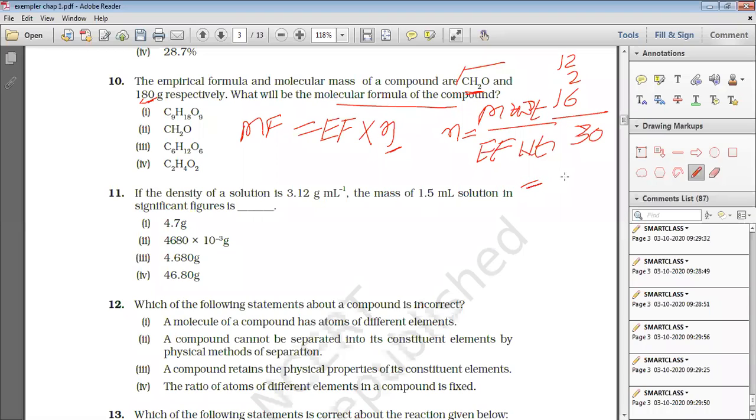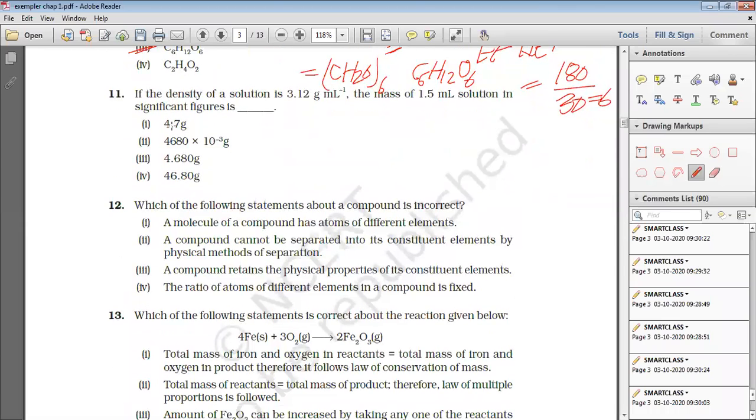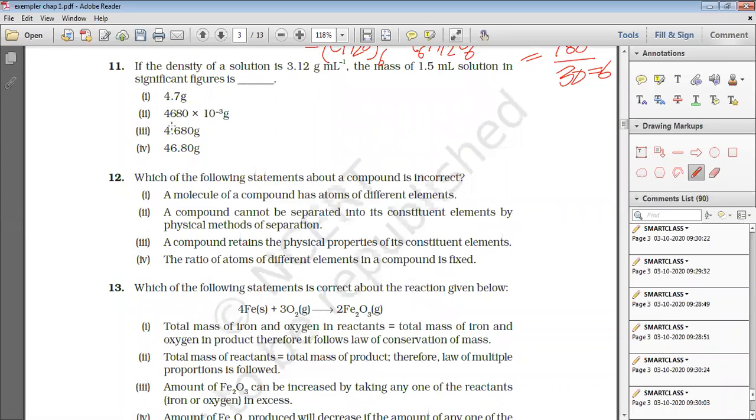So N is equal to 180 divided by 30, which gives us 6. So this N is 6. So the molecular formula is CH2O whole multiplied by 6, that is C6H12O6. So let us find the answer. Yes, option 3 is going to be the answer for us. Let's move to the next question.